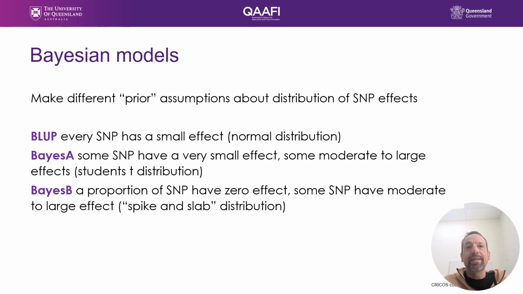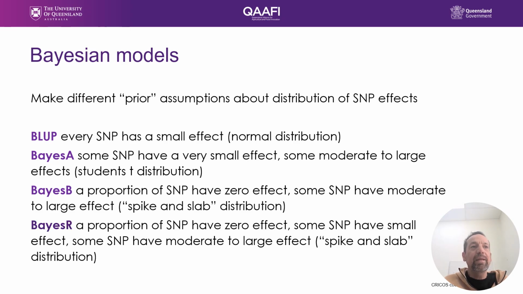So many SNPs with a zero effect and some with a moderate to large effect. Bayes-R is a little bit more flexible again. It assumes a proportion of SNPs have a zero effect, some SNPs have a small effect, and some have a moderate to large effect. So it's actually a multivariate normal prior.